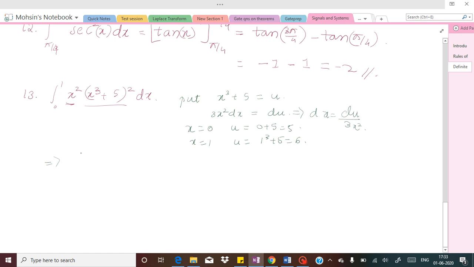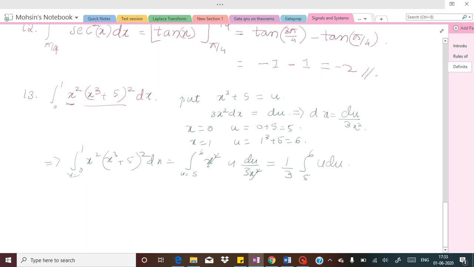Therefore this integral from 0 to 1 of x square (x cube plus 5) whole square dx can be written as integration between 5 to 6 of u square, this is in terms of u, this is in terms of x, x square as it is, u square, dx is du by 3x square. Okay, so here x square and x square will get cancelled, so what we get is 1 divided by 3 integration between 5 to 6 of u square du.